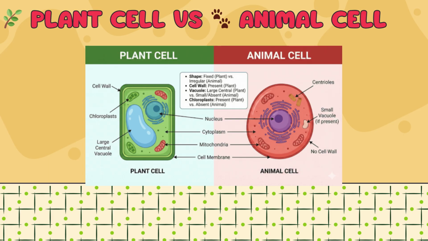It will not have a chloroplast, and it will have small vacuoles. We have multiple vacuoles if they are present, but they'll be small. They won't be one big central one. So that's how you will be able to see the differences by just looking at it.